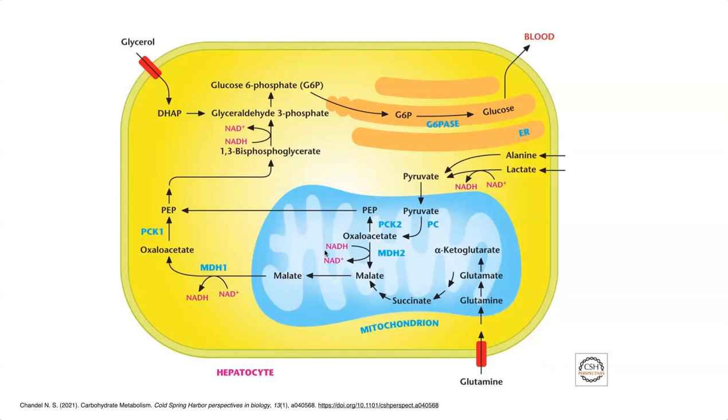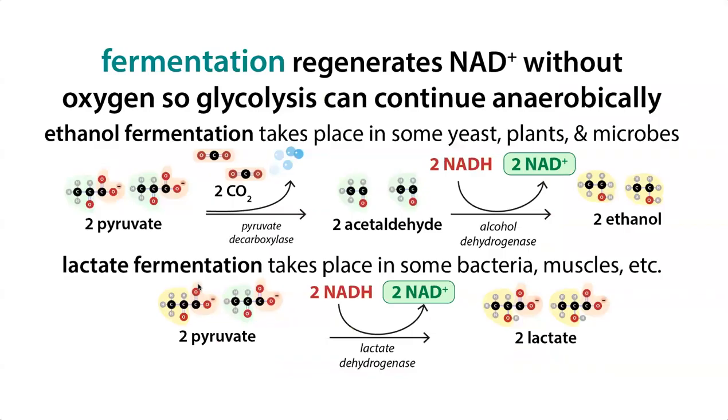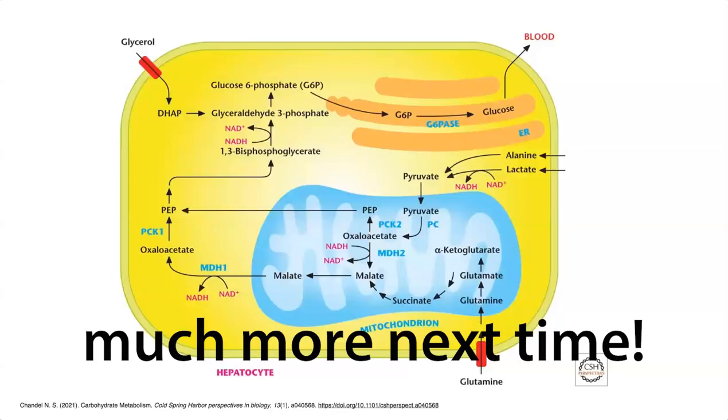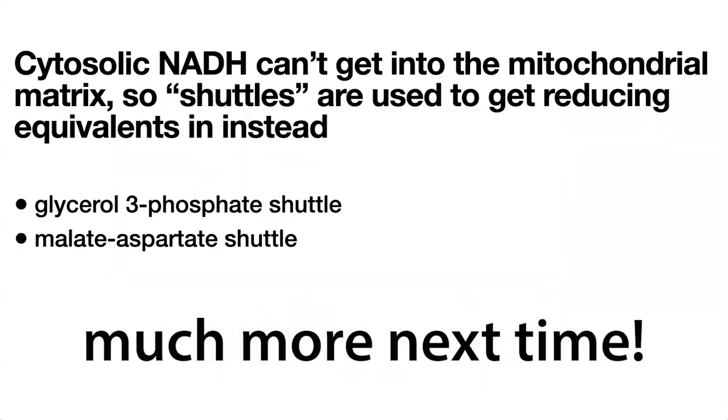I'm bringing this up now because this malate dehydrogenase step is something we're going to look at in more detail in a different context. So with malate dehydrogenase, we're taking malate and converting it to oxaloacetate. This is an oxidation reaction, so we're taking NAD+ and regenerating NADH. We use this in a process called the malate aspartate shuttle.